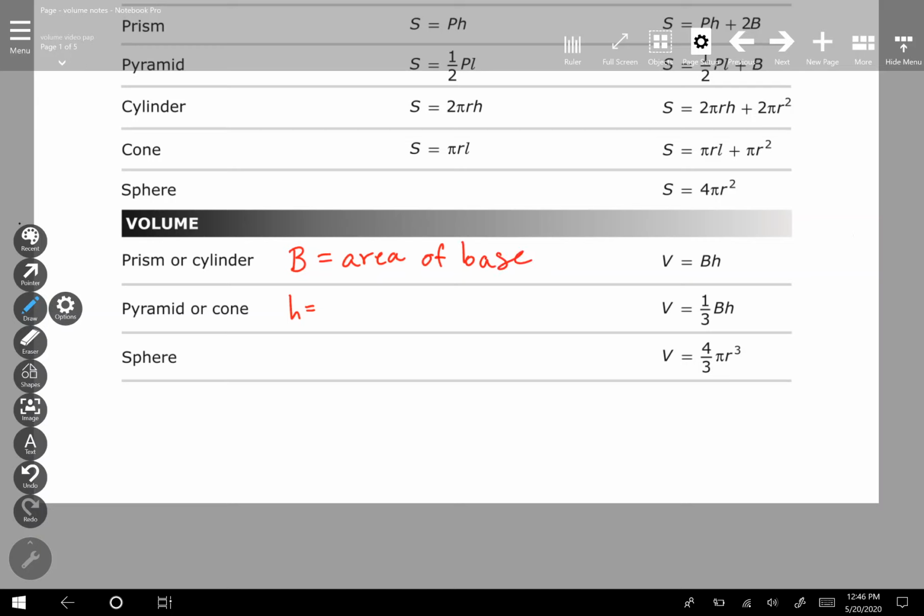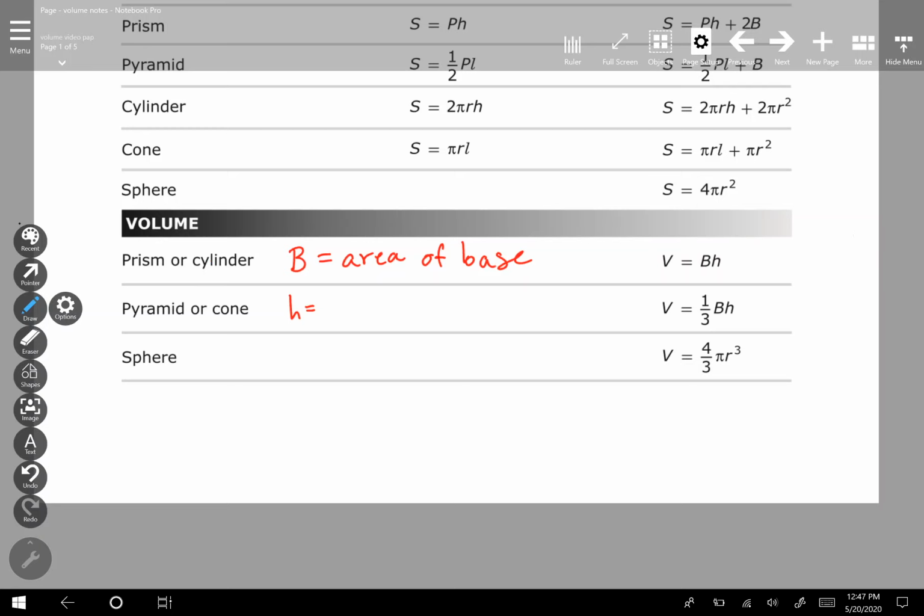You have to remember the base of your shape is how it's named. A triangular prism is going to have a base that is a triangle. No other side on a triangular prism can be its base besides the triangles. For a cylinder, the bases are the circles.